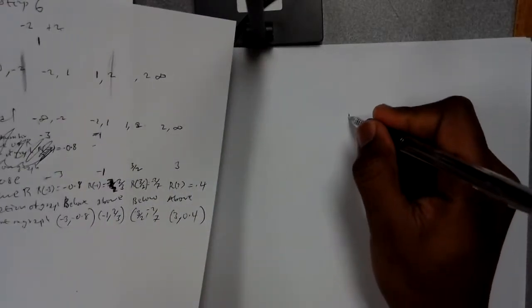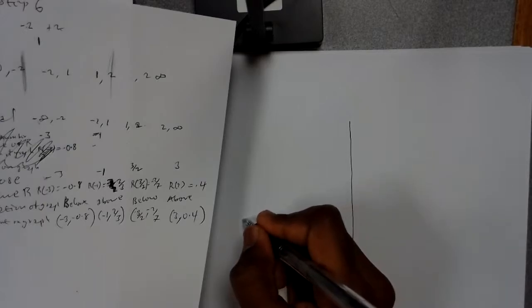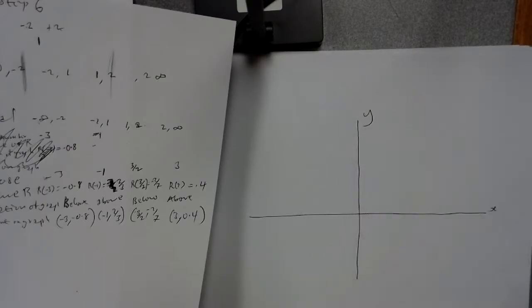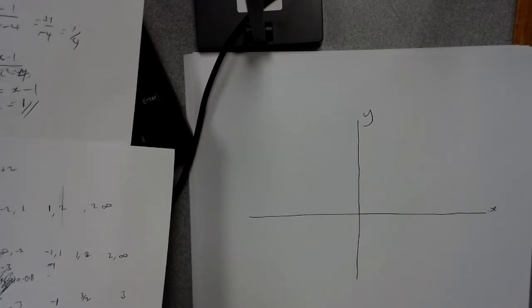So I'm going to go ahead and draw the axis. This is the x, that is the y. From all the information we got in the previous steps, step 1 to step 6, that's what we're going to use to draw this graph. The first thing we found was the domain of the graph.